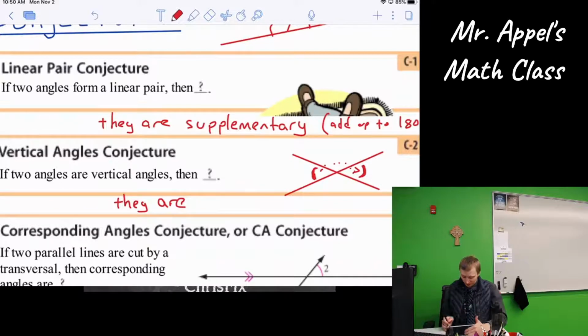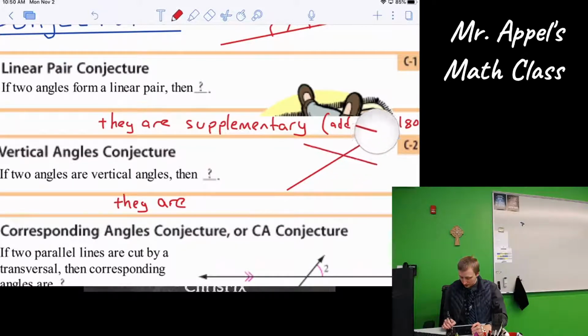It's not complementary. Take a look at how the sizes actually compare when I adjust one of my lines. I want you to focus on the left side and the right side. What happens to those angles?